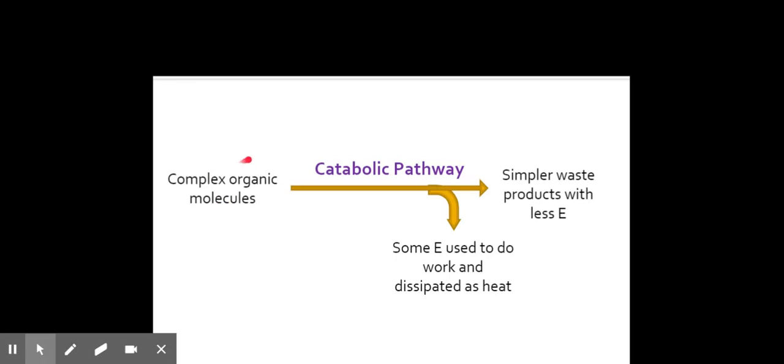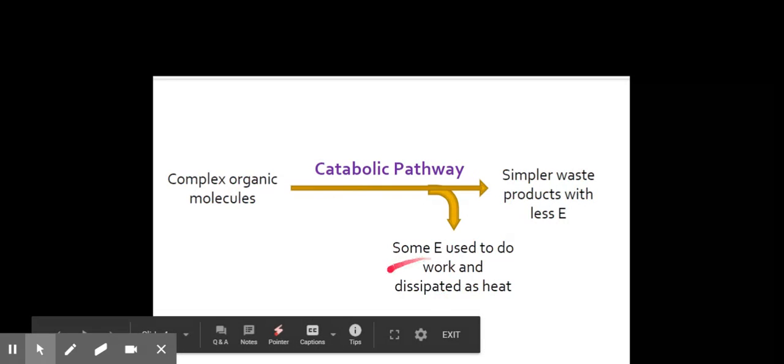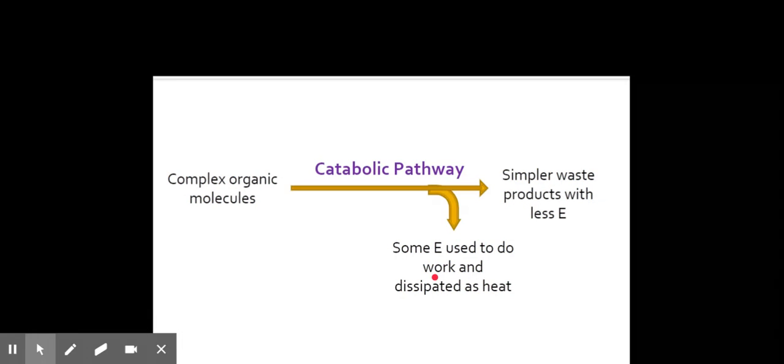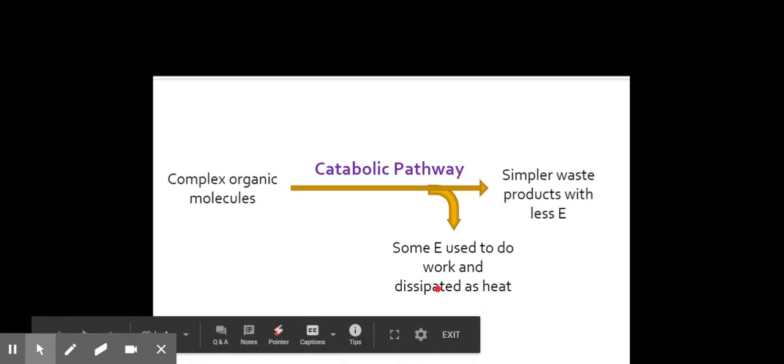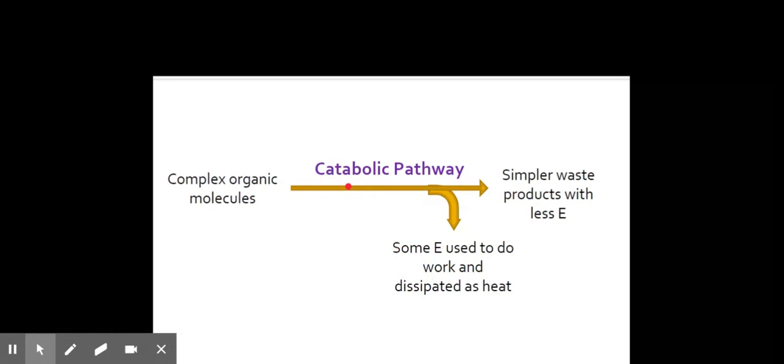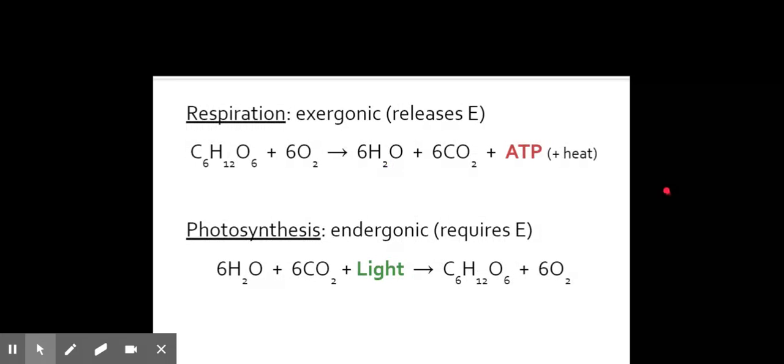So some of the energy that's taken out of the chemical storage can be used to do work, and then the rest of that is going to be released or dissipated as heat over here. So we'll talk about how fermentation and aerobic respiration both play a role in these catabolic processes, and then leave us with some cellular energy known as ATP.